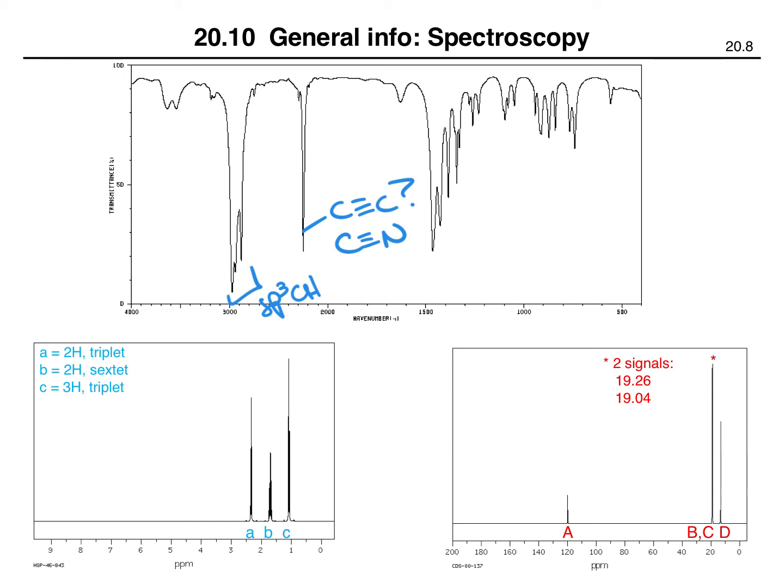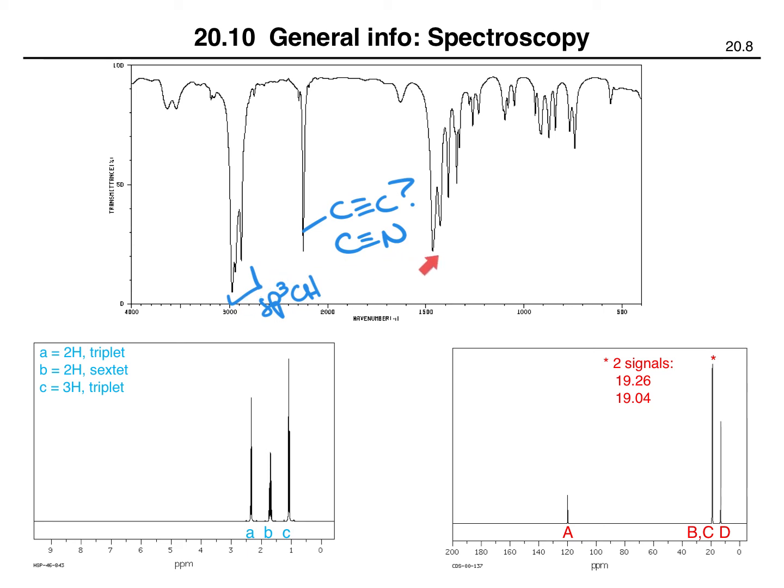And there's nothing else that really jumps out. This could look a little bit like an NH. It's a little bit too high though, because these are usually closer to 3300, so I don't think that's anything that we need to interpret.